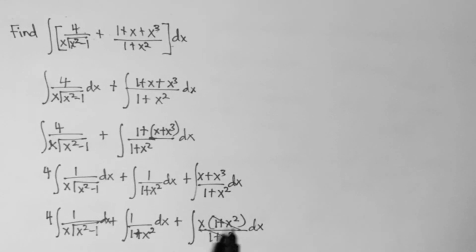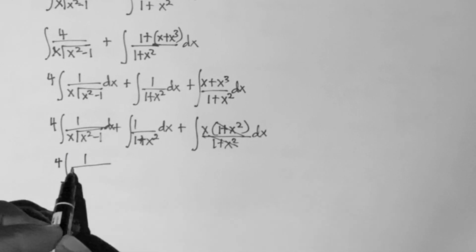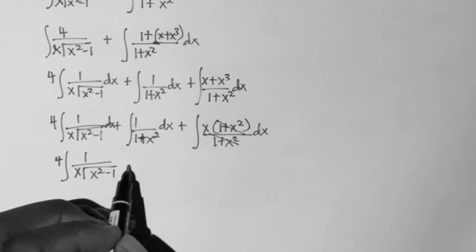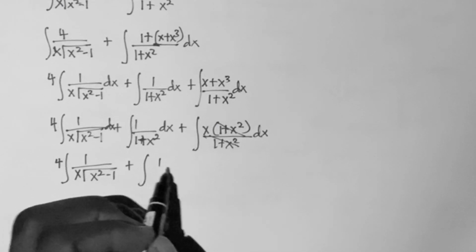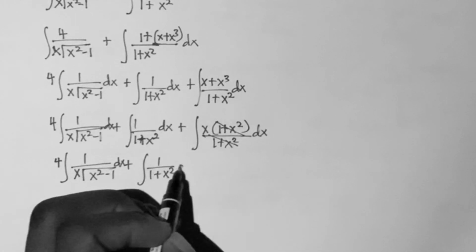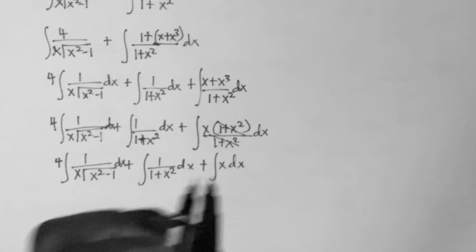So this and this one will cancel, so we'll be left with 4 integral of 1 divided by x square root of x squared minus 1, then plus the integral of 1 divided by 1 plus x squared dx, then plus the integral of x dx.